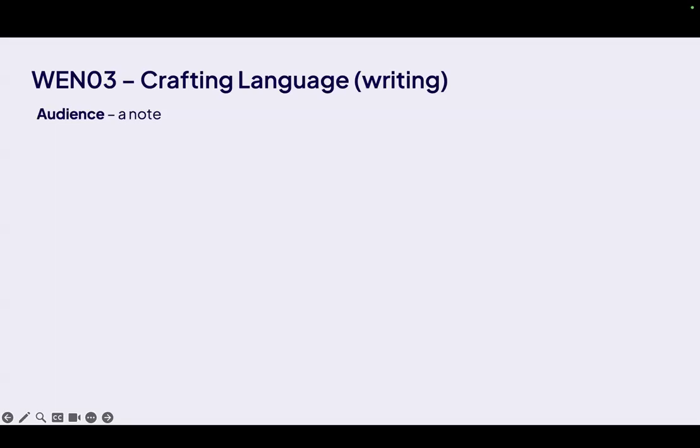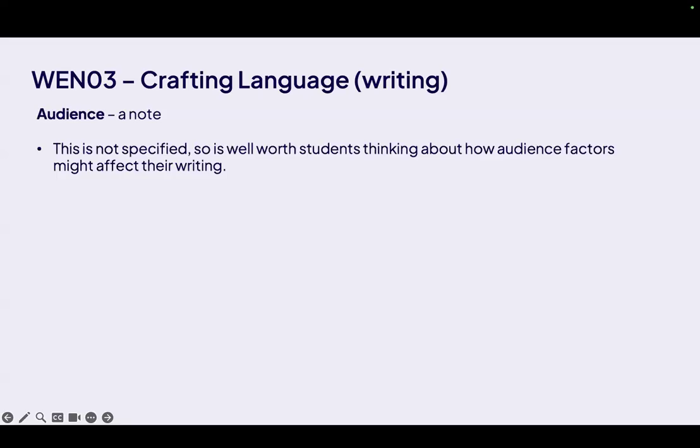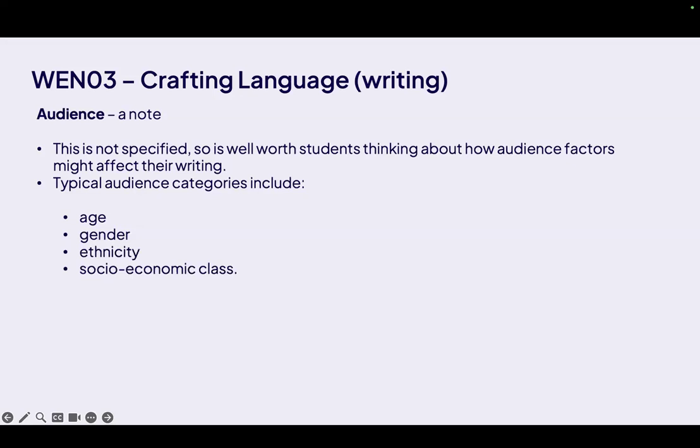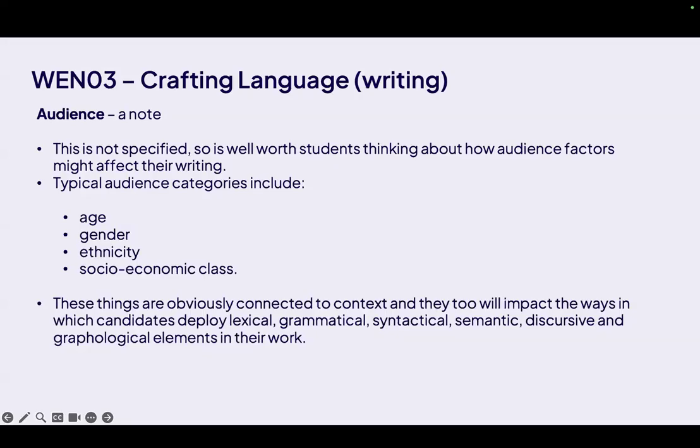Moving on to audience. I said a little moment ago how audience factors might affect their writing. Typical audiences could be plural: age again, gender, ethnicity, socio-economic class. These are obviously connected and will impact ways in which the candidate can deploy their lexical, grammatical, syntactical, semantic, discursive, graphological elements in their work. It almost becomes a song because they come up all the time.